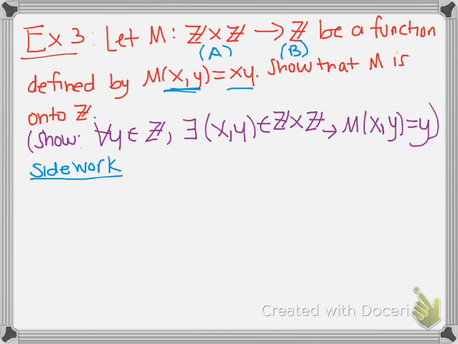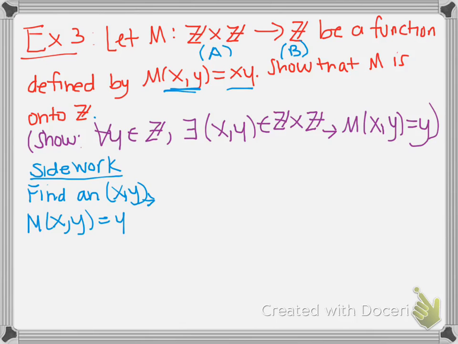We need to find an XY such that M of XY equals Y. I was debating whether I wanted to keep that because I have it different in my notes, but we're going to keep this.